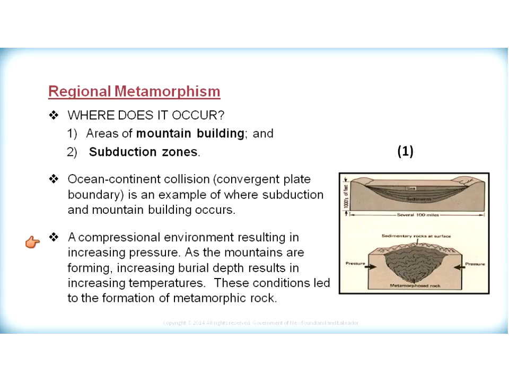A compressional environment results in increasing pressure, and as the mountains are forming, increasing burial depth results in increasing temperatures. These conditions lead to the formation of metamorphic rock. If you look at the diagram to the right, we see that an area located in the top diagram will be thousands of feet deep and several hundreds of miles wide.